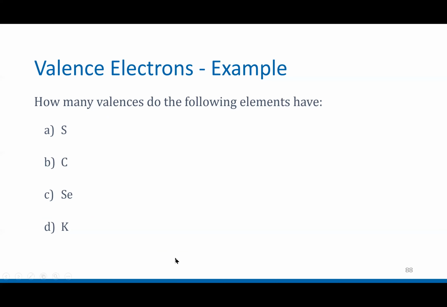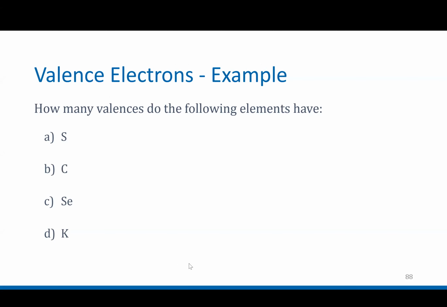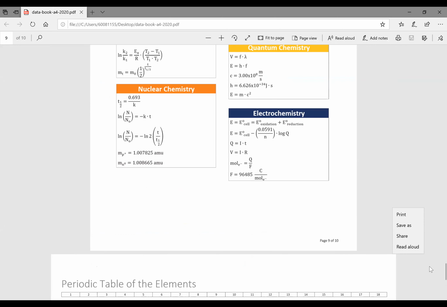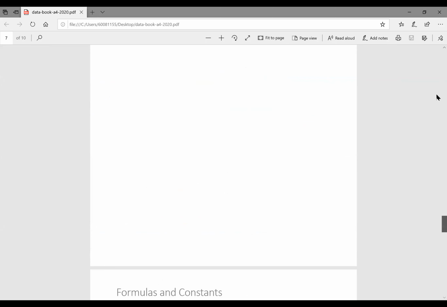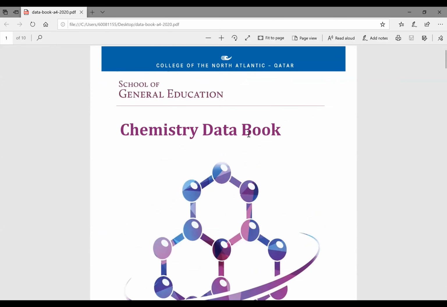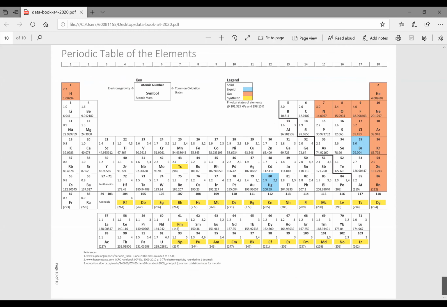Let me go to my periodic table and share my screen with you. If you're looking for a copy of the periodic table, I've put almost 60 of them outside my office in what's called the data booklet. Still haven't figured out how to activate my windows, but that's a work problem. Outside my office you will see this book, and you can grab it.